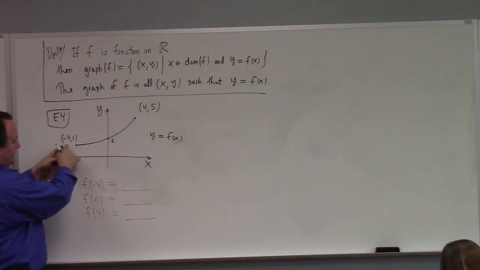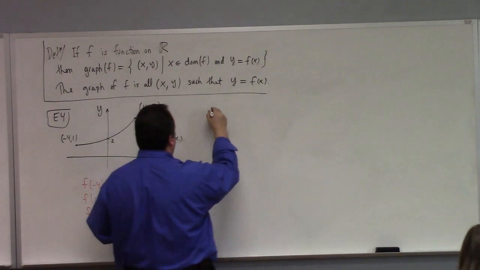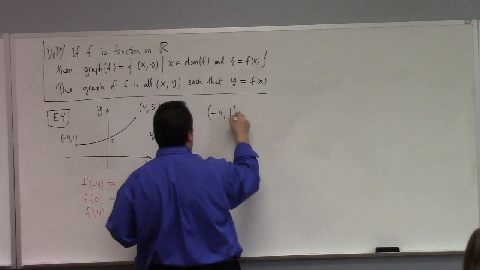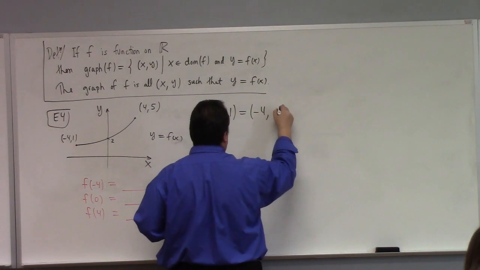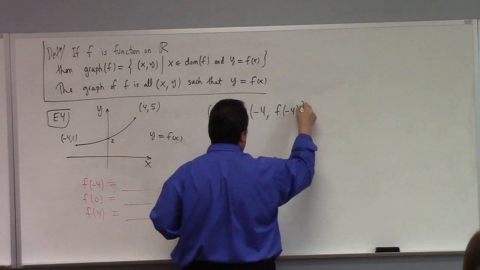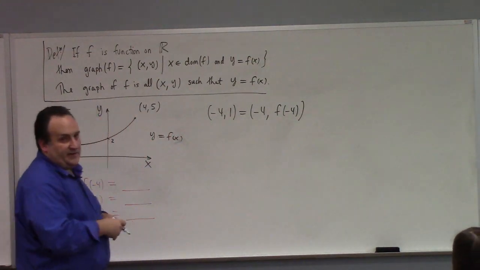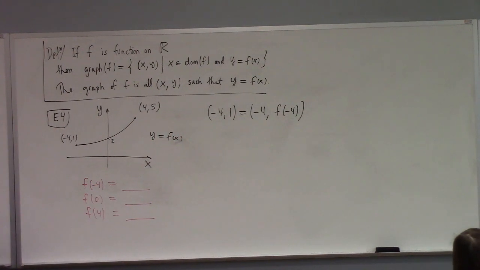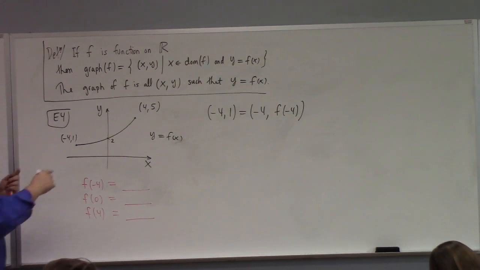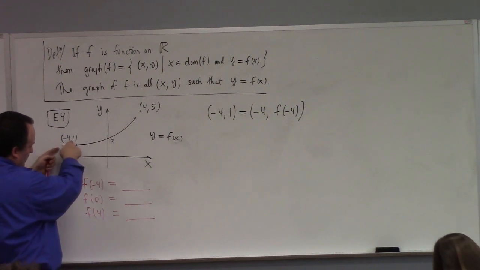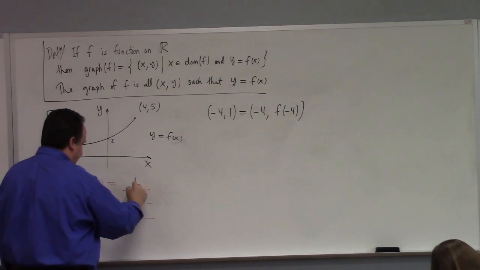So that means that this pair, minus 4 comma 1, has to be equal to minus 4 comma f of minus 4. Since it's on the graph, the y coordinate has to be related to the x coordinate. It's f of the x coordinate. So from this, I read that f of minus 4 is nothing but 1.